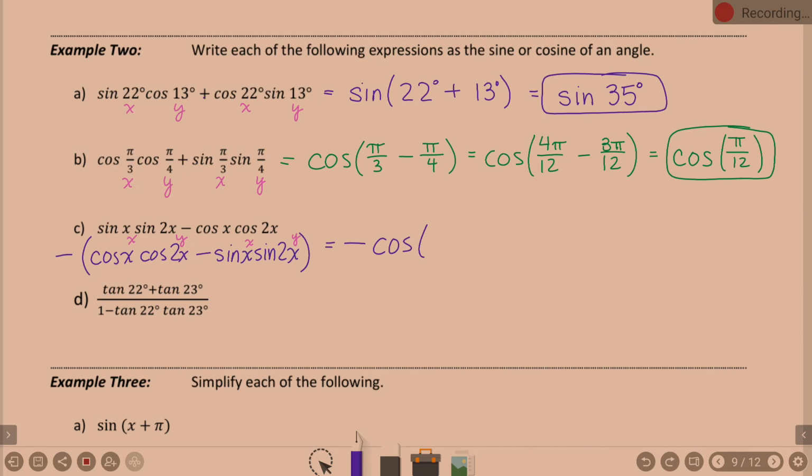Okay, what happens here? Cosine of x and 2x, add or subtract. Since this is a minus sign right here, this is going to be an add right there. Clean it up. What do we end up with?